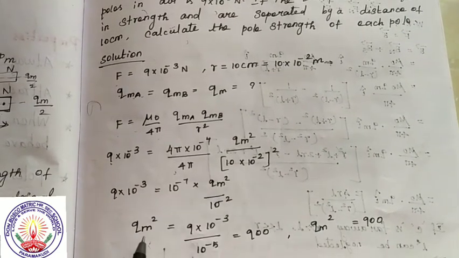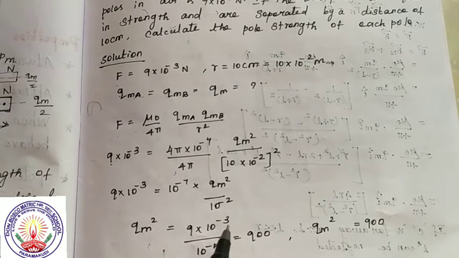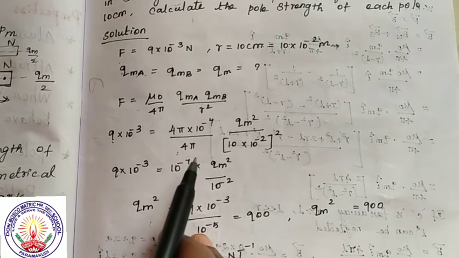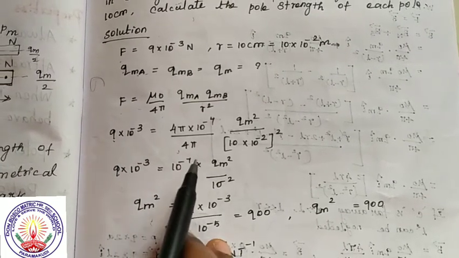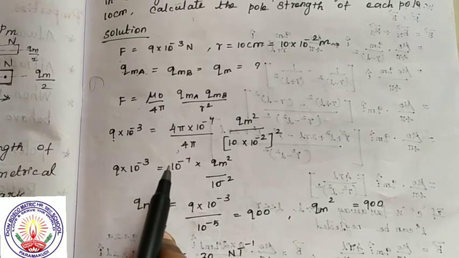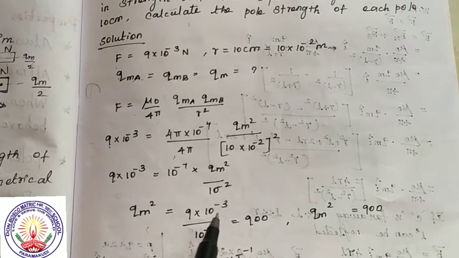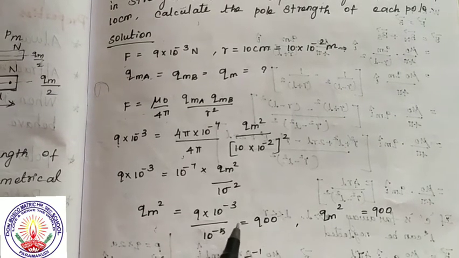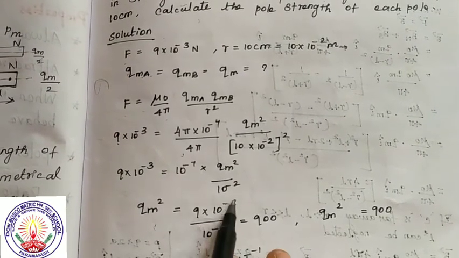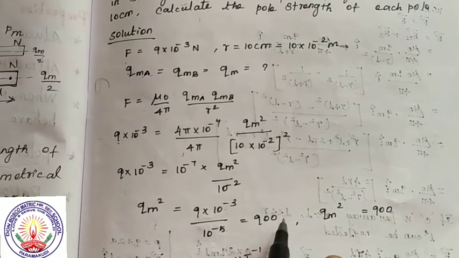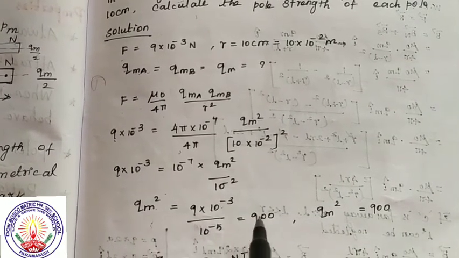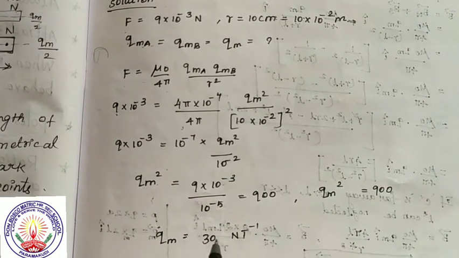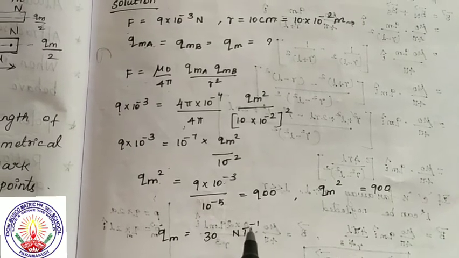So Qm squared is equal to 9 into 10 to the power minus 3 divided by 10 to the power 5, because when the denominator's power goes up, it becomes plus. Now if we subtract, the remaining term is 5. So 9 into 10 to the power minus 3 by 10 to the power minus 5. Next, 9 into 10 to the power minus 3 means 900. So Qm squared is equal to 900, which means Qm is equal to 30 Newton Tesla minus 1.